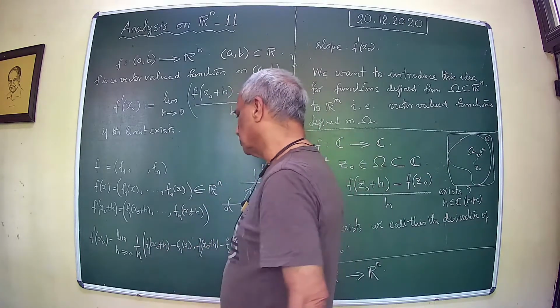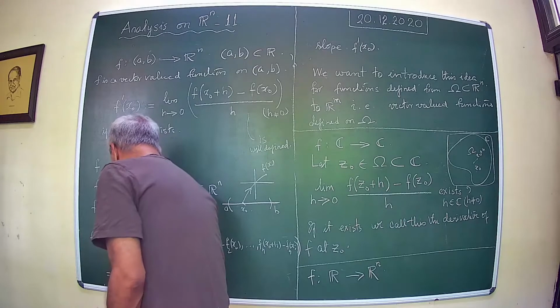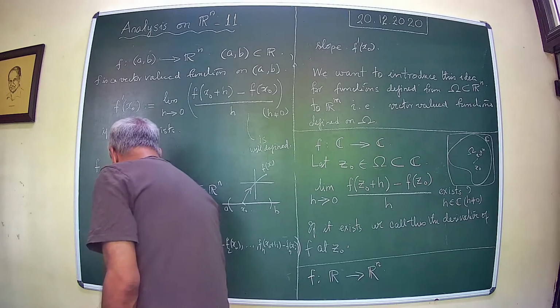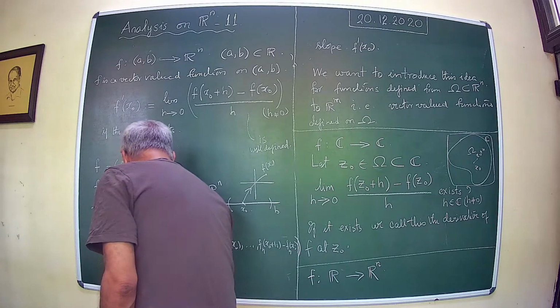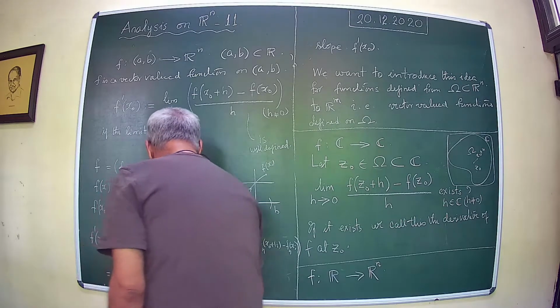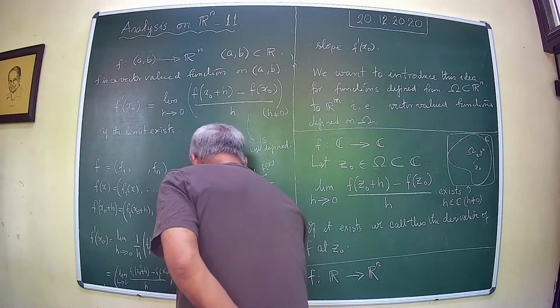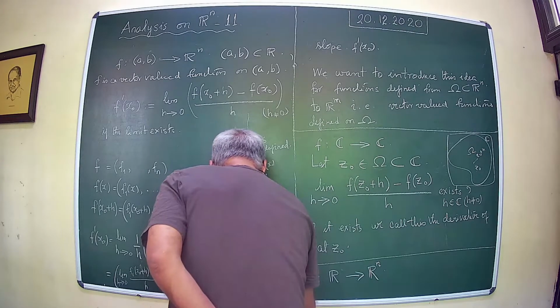So that amounts to getting this: limit of h tending to 0 of fn of x naught plus h minus fn of x naught divided by h.